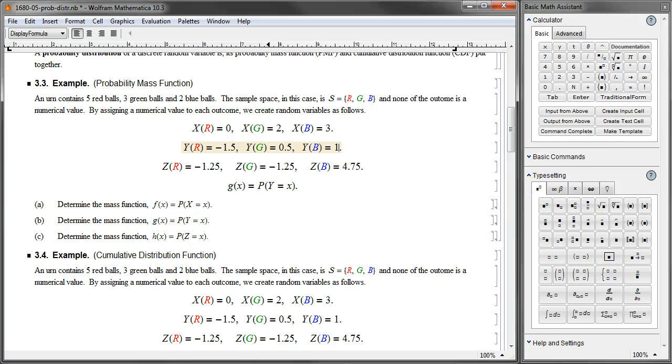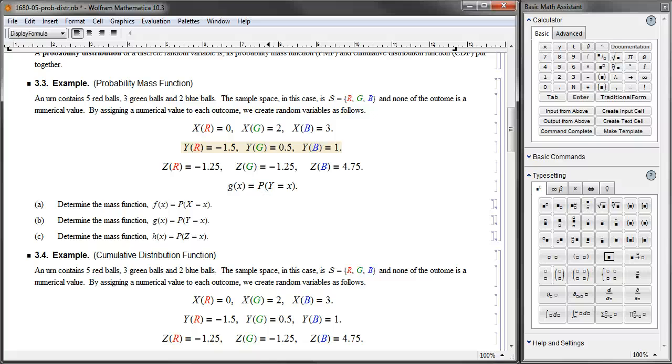According to this definition, capital Y can take three numerical values: -1.5, which corresponds to the red ball, 0.5, which corresponds to the green ball, and 1, that's when you have the blue ball. Otherwise, impossible. So probability is all 0.